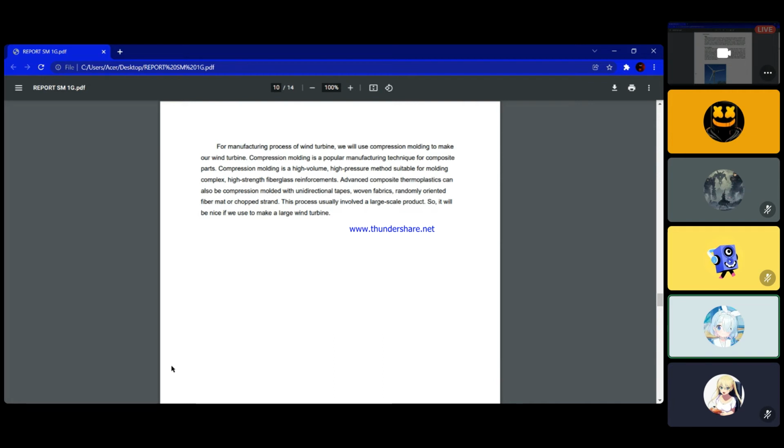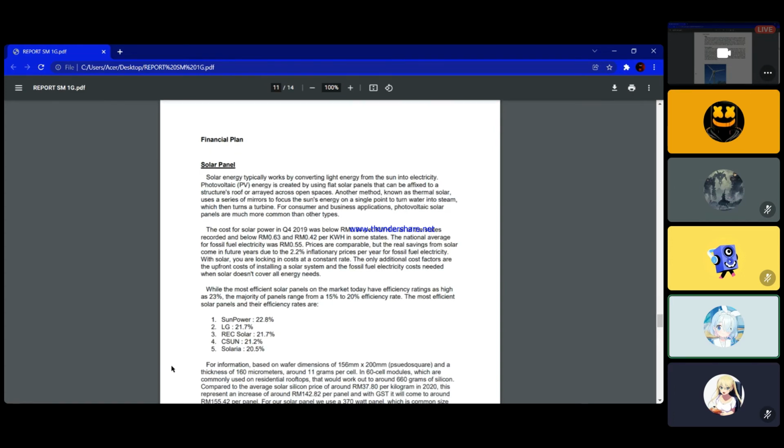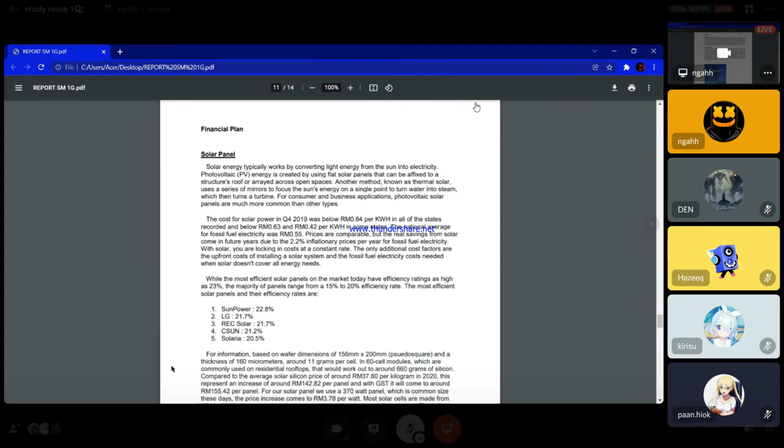Advanced composite thermoplastic can also be compression molded with unidirectional tapes, woven fabric, randomly oriented fiber mat or chopped strand. This process usually involves a large scale product, so it will be nice if we use it to make a large wind turbine. Next, we move to the financial plan.